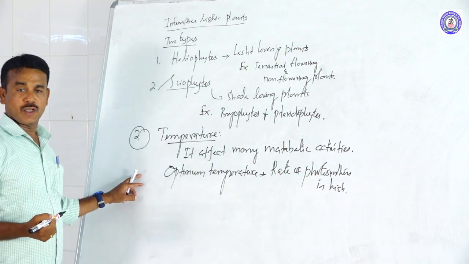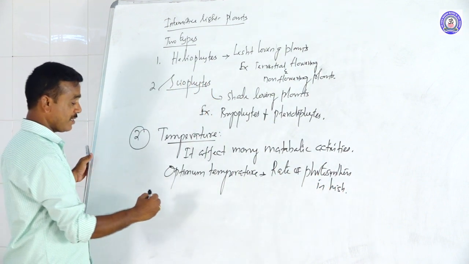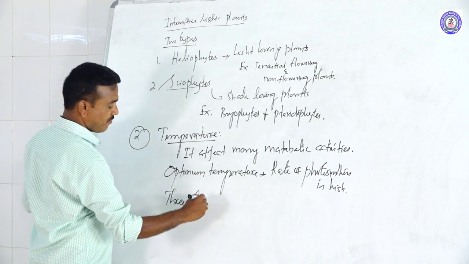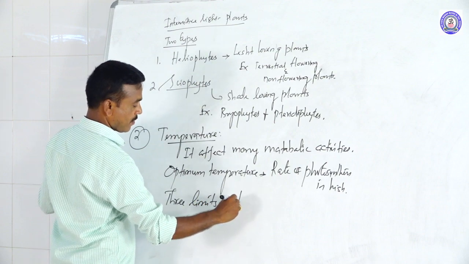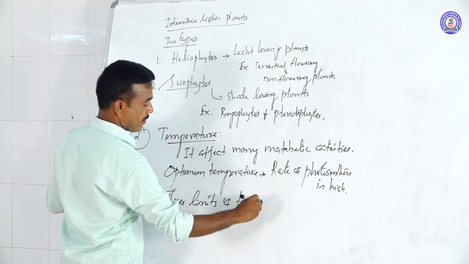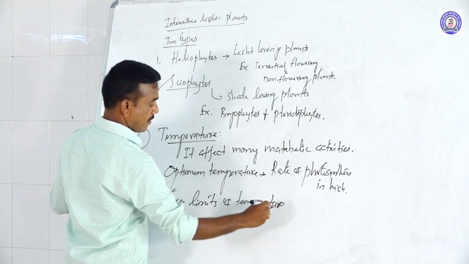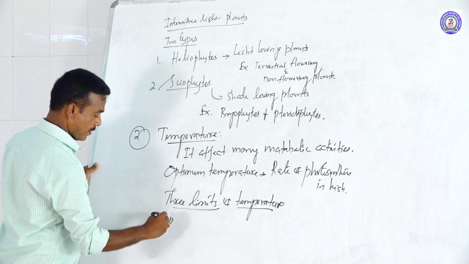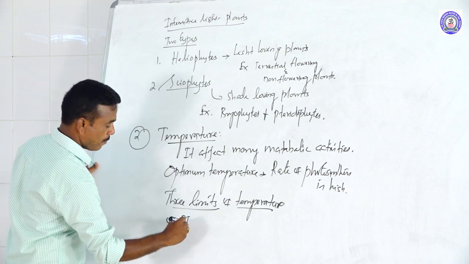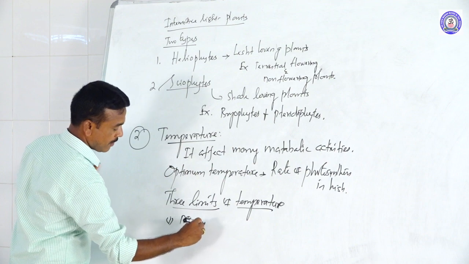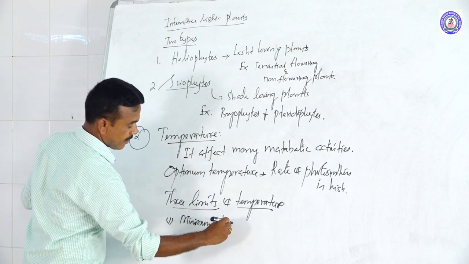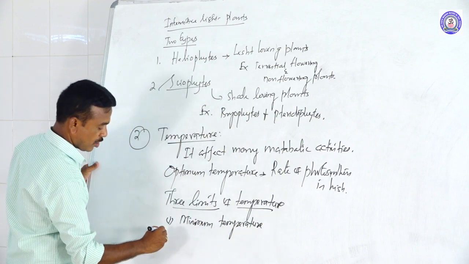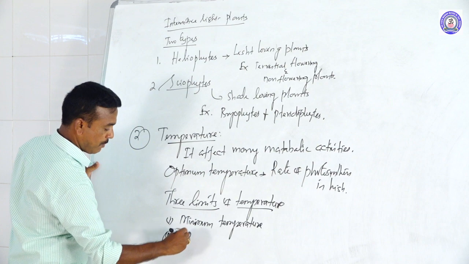Based on the temperature nature, there are three limits of temperature. What are the three limits? The first one is called minimum temperature. The second one is called optimum temperature.